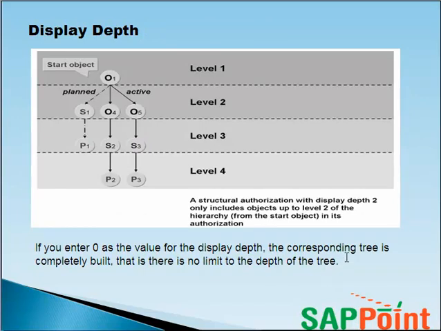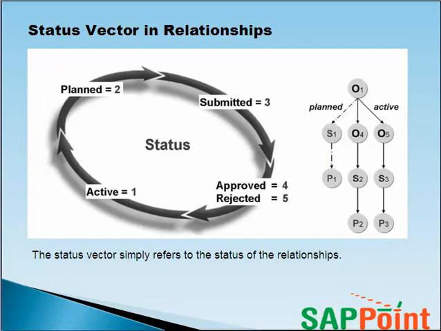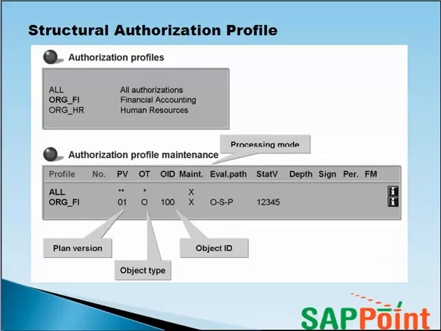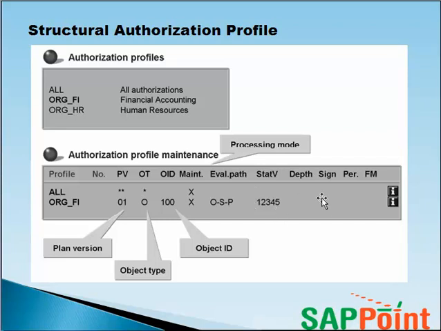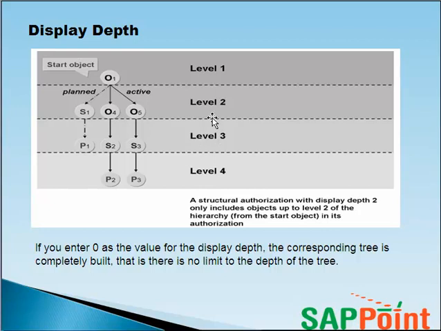Now the display depth field, you could use to specify the level of nodes which should be displayed for the employee, for the manager. So if you specify 2 in the depth field, the structure will be evaluated for 2 levels.